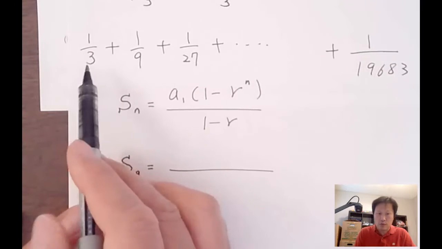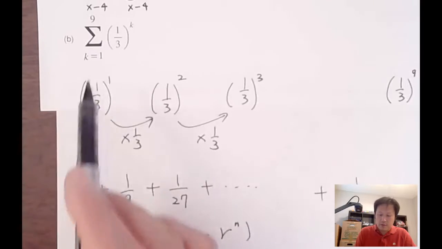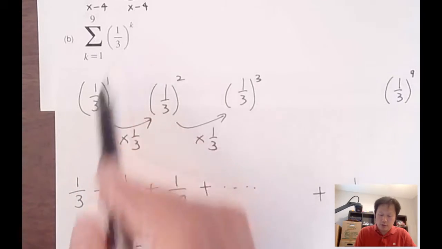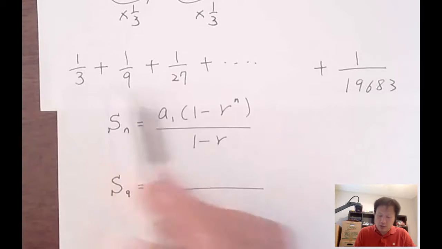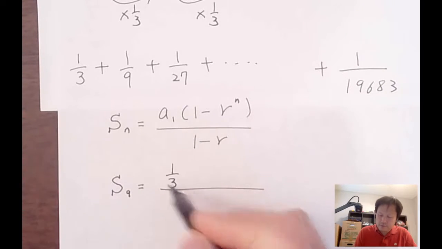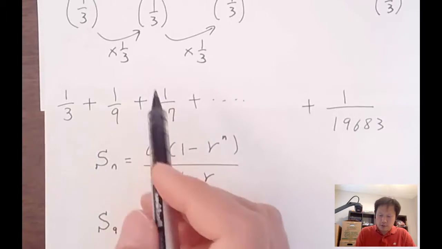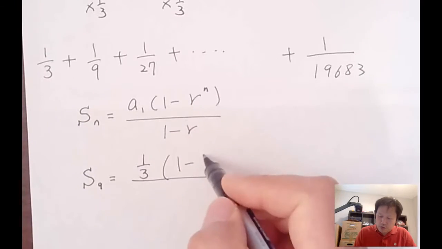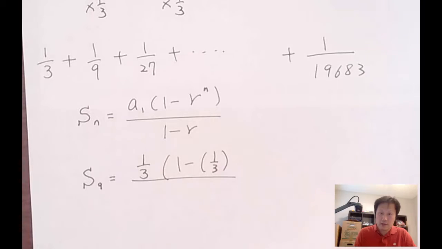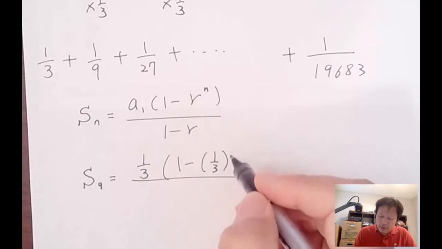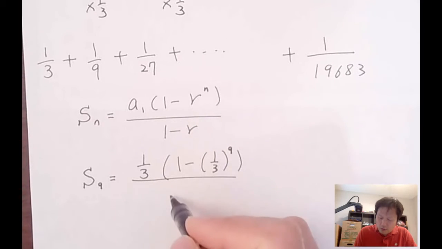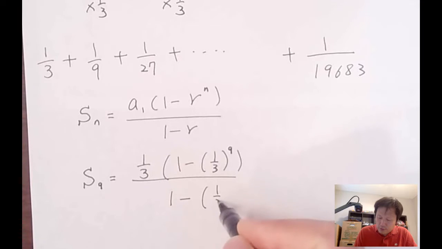Do we know the first term? Yes. If you plug in k equal to 1 here, that becomes the first term, which is 1/3. Then 1 minus r, where r is 1/3. Please parenthesize. The power of n is 9, all over 1 minus 1/3. Please parenthesize.